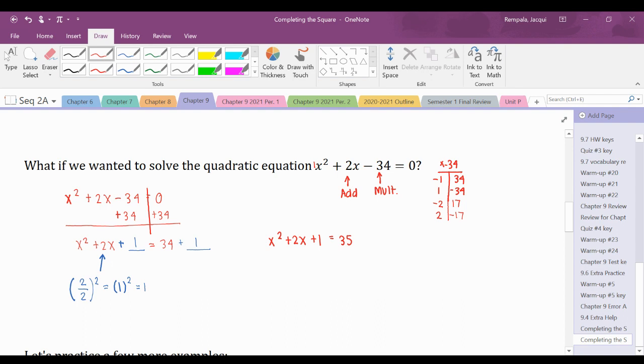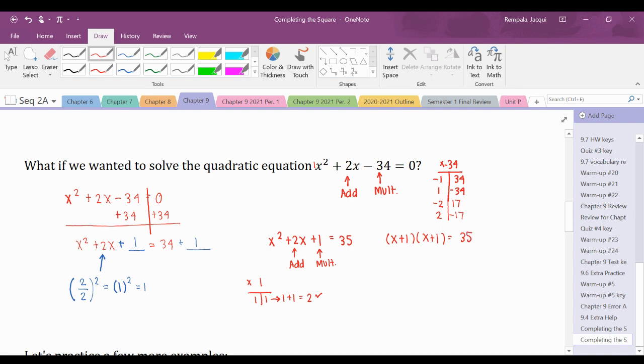But if I look at this trinomial on the left, notice that I can find two numbers that multiply to 1, but add to 2. The numbers that multiply to 1 would be 1 times 1. If I add those two numbers, I get the number 2, which is why it turns into x plus 1 times x plus 1, and this equals 35.